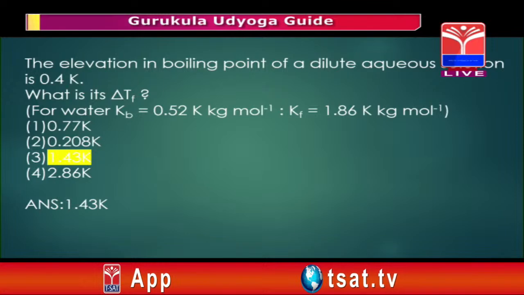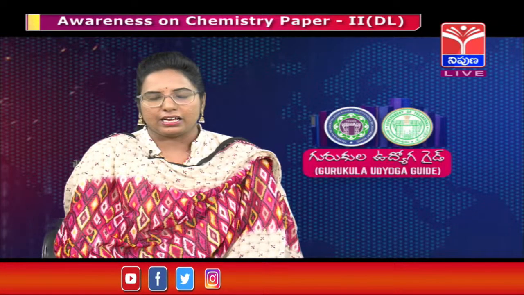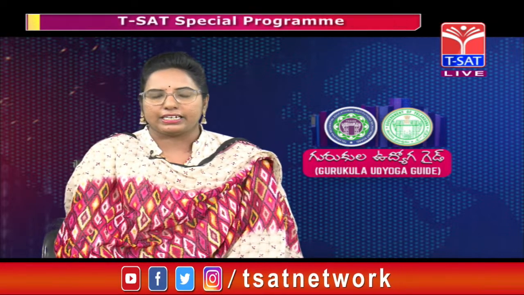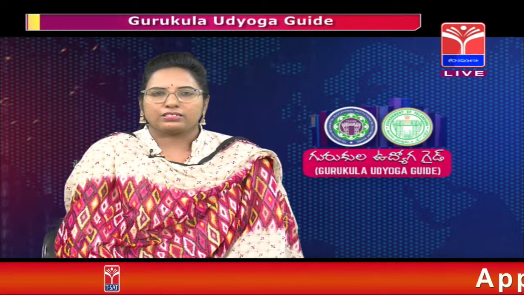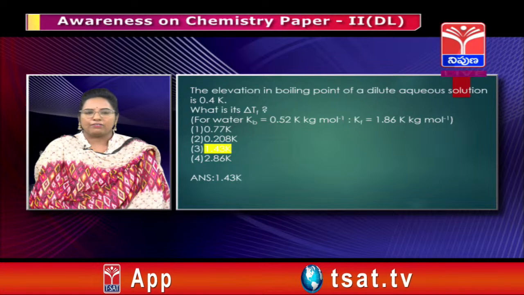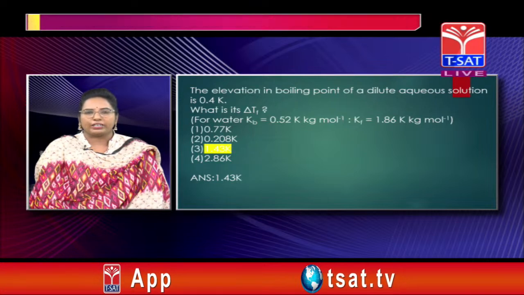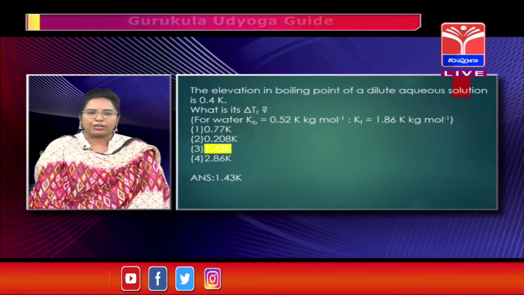The relationship is delta TB by delta TF equals KB by KF. By using this concept, you have to calculate the delta TF value. Here, the values of KB and KF for water are given. These kinds of questions we may expect from this chapter.